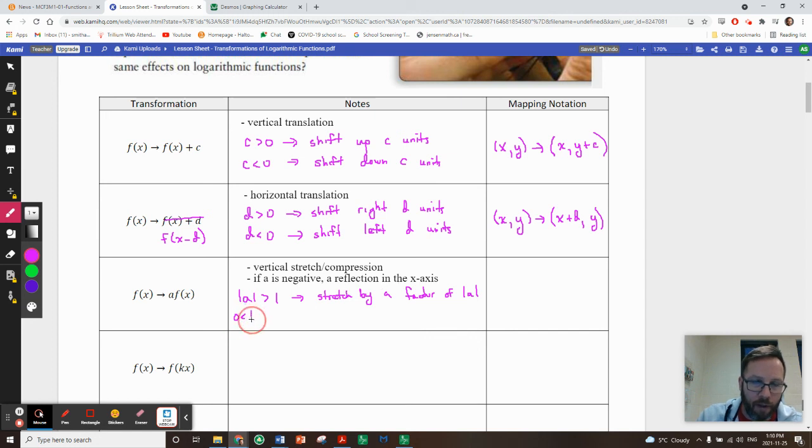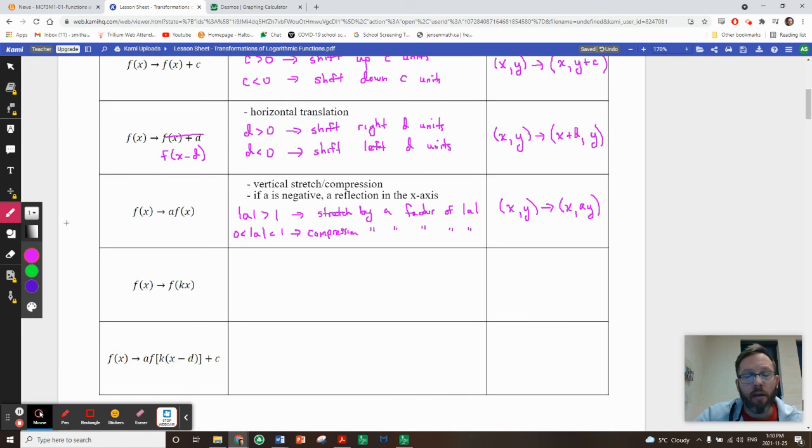And if the absolute value of a is between 0 and 1, you get a compression by a factor of the absolute value of a. Same thing. What this does to the points, it's a vertical stretch or compression. It doesn't affect the x value at all. It affects the y value. Multiply the y value by whatever a is.